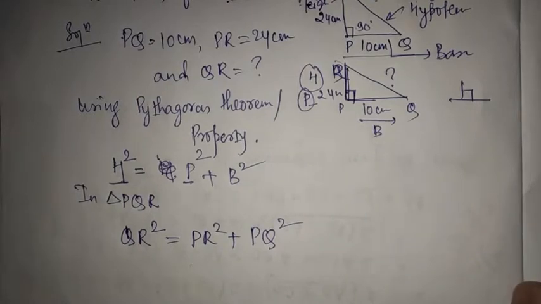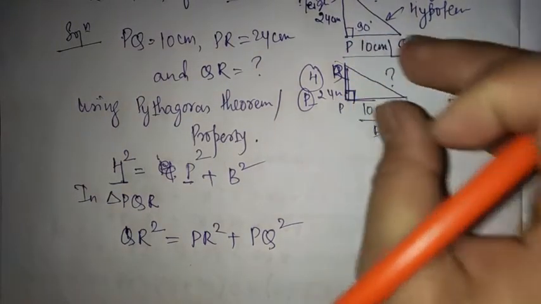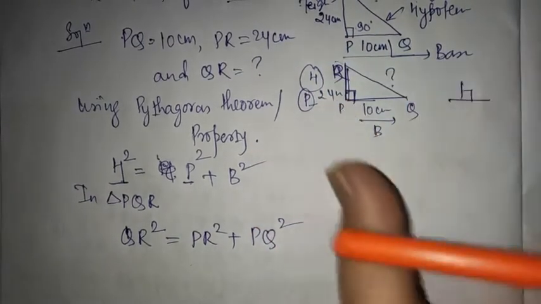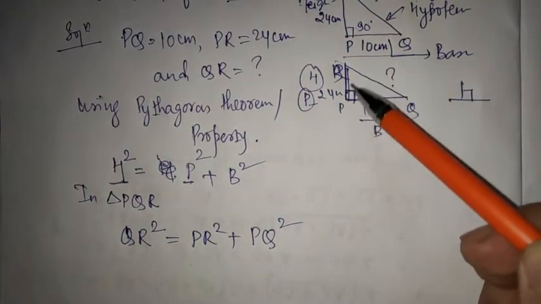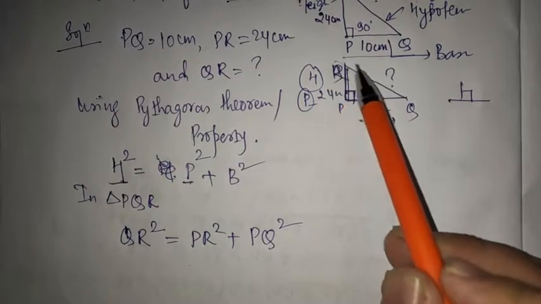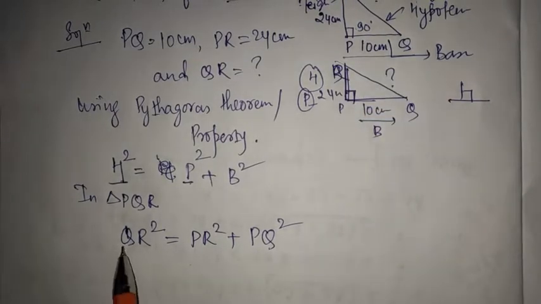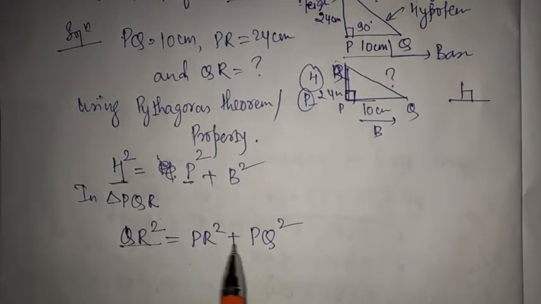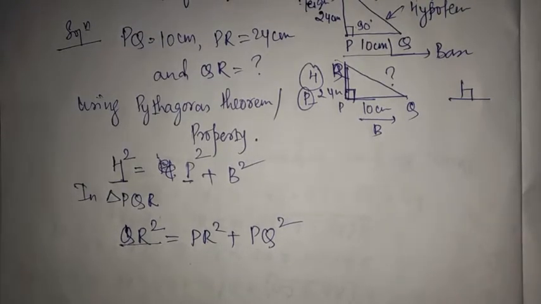So easy one. You just have to differentiate what is height, what is hypotenuse, and what is base here. Your height is PR, your hypotenuse is QR. So QR comes first. H square is equal to P square plus B square. This is your formula. Mug it up.